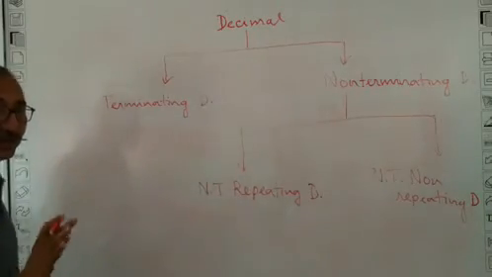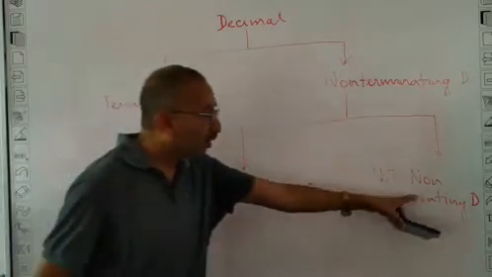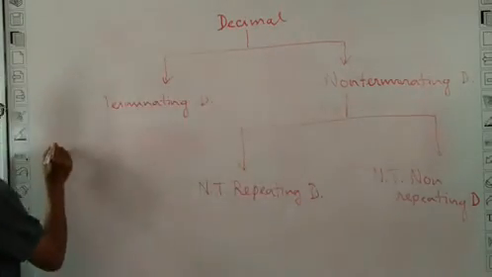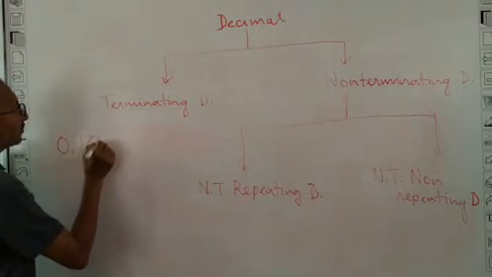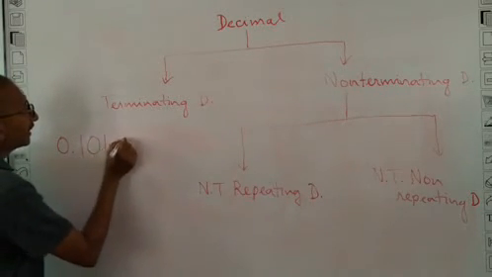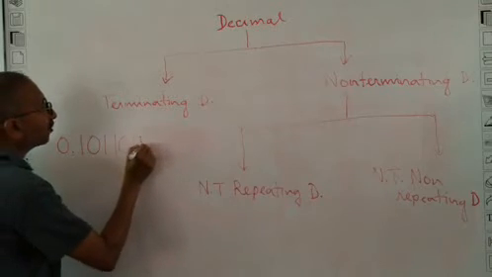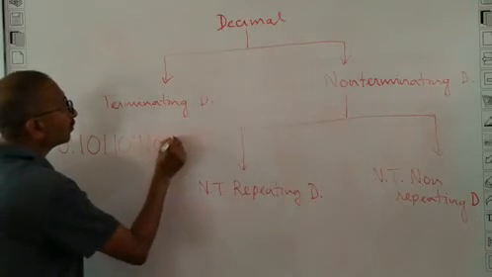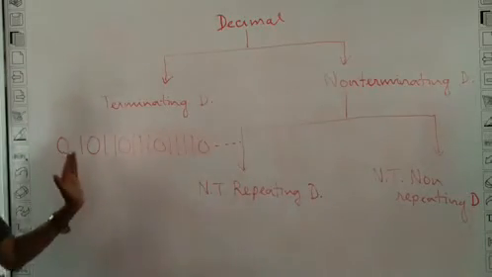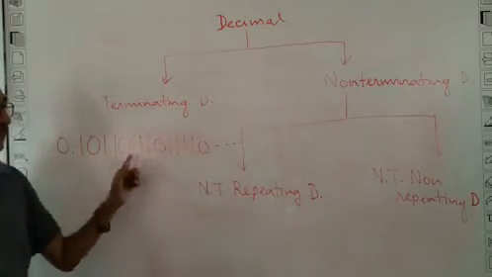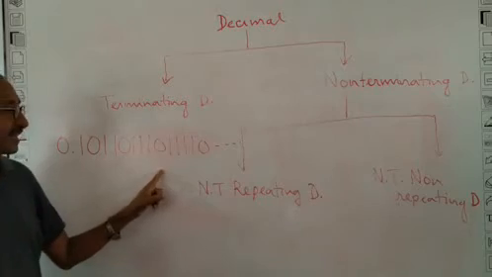There is another way to write a non-terminating, non-repeating decimal. The easiest way is you write 0., then 1, then 0, then 2, 1, again 0, then 3, 1, then 0, then 4, 1, again 0. This is also a very easy example of a non-terminating, non-repeating decimal.